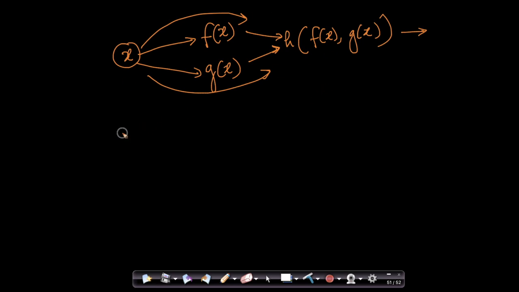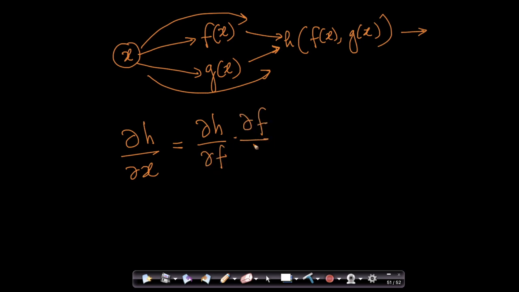In such a case, derivative of h with respect to x, again, this is also a chain rule. This is a special case of a chain rule: derivative of h with respect to f and derivative of f with respect to x, plus derivative of h with respect to g and derivative of g with respect to x. This is so because your h is a function of the outputs of f and g of x.